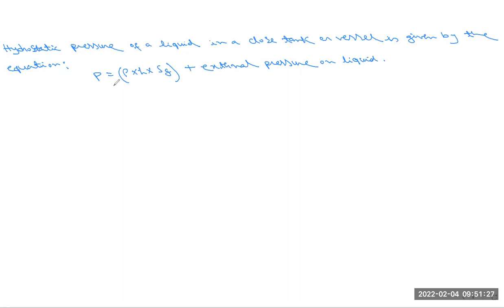So the equation is P equals rho into H into Sg, plus the external pressure on the liquid. So you have to know P is the pressure, rho is the density of the liquid, H is the height of the liquid, and Sg is the specific gravity. So this is the basic procedure.